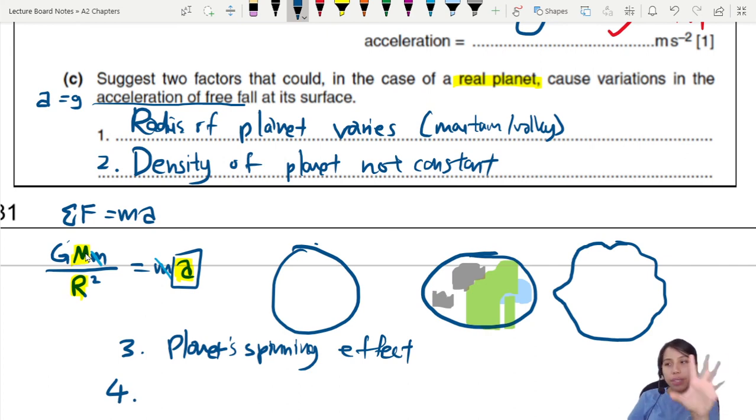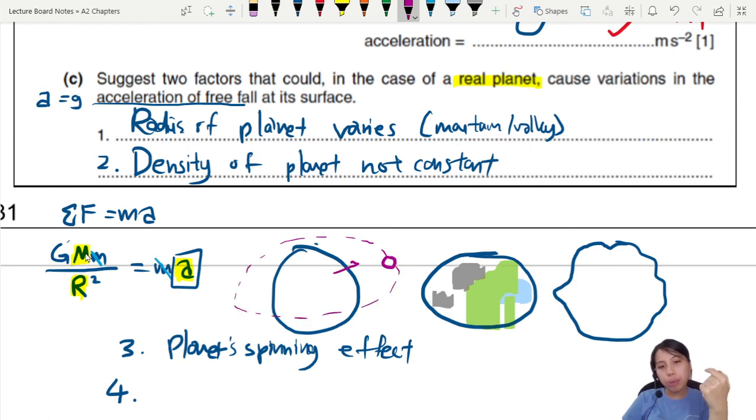Number 4, last one. We assume in this case that there is an isolated planet, but in real life we actually have a friend called the moon. A tiny moon that dances with us, goes around us. That moon actually pulls on us, exerts gravitational force. We pull the moon, the moon pulls us, right? So you also have the effect of a nearby moon.